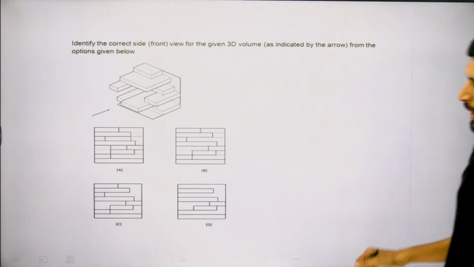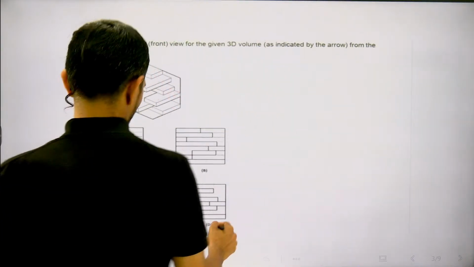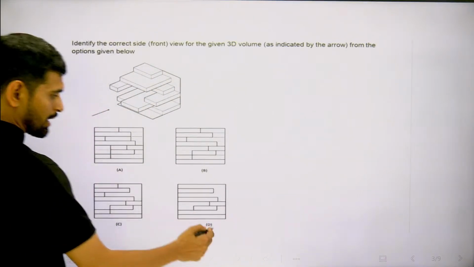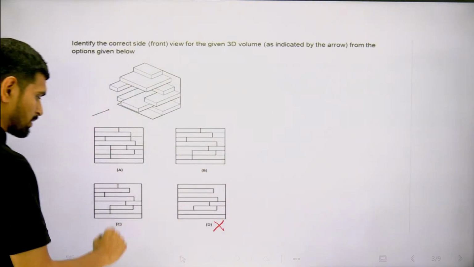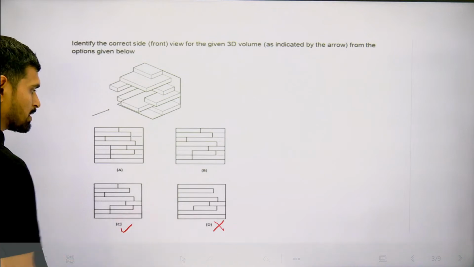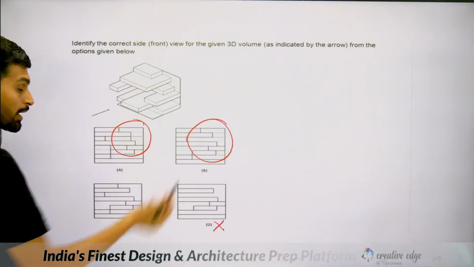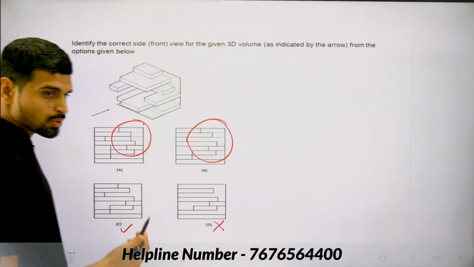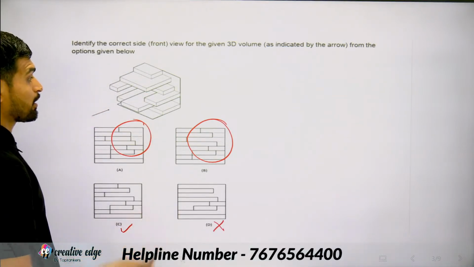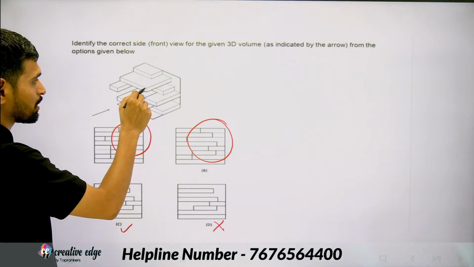Let's move to the next one. In this case, I suggested my answer as D, but that is not correct. The correct answer should be option C here. Many of our students and subscribers have already mentioned so, but unfortunately I missed it.